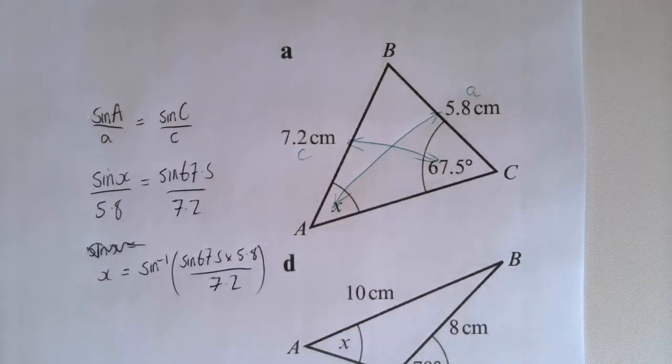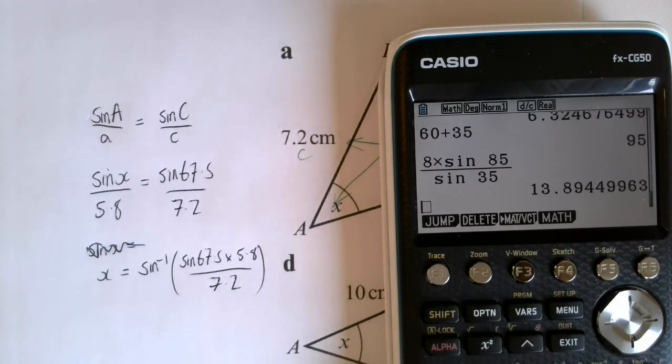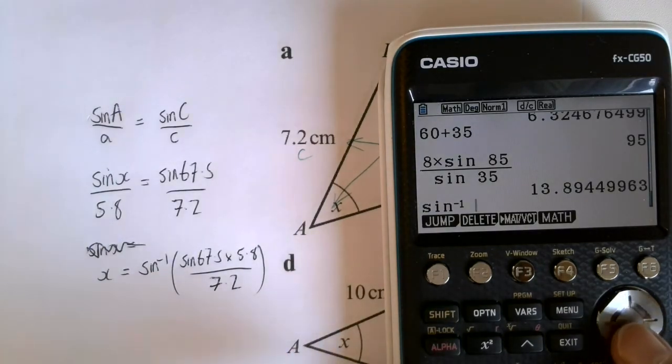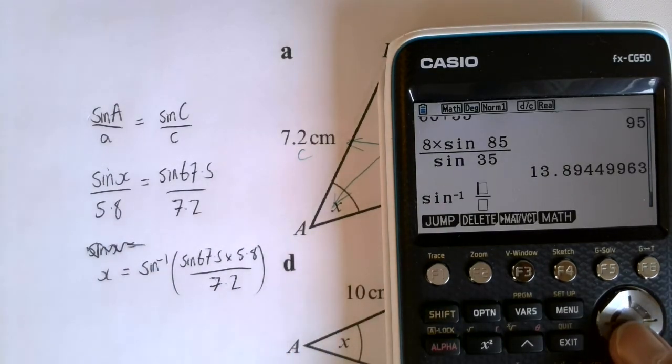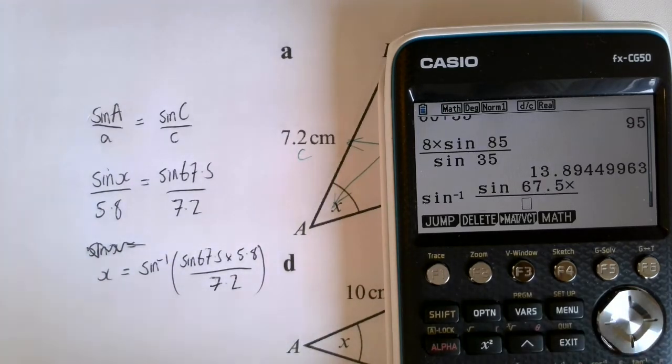Now, of course, I have the issue that it's a non-right angled triangle, so I could have angles bigger than 90 degrees, and of course we know that sometimes we could have more than one solution. So let's just do this. I've got shift sine of, hit my fraction button, sine 67.5 times 5.8 over 7.2.